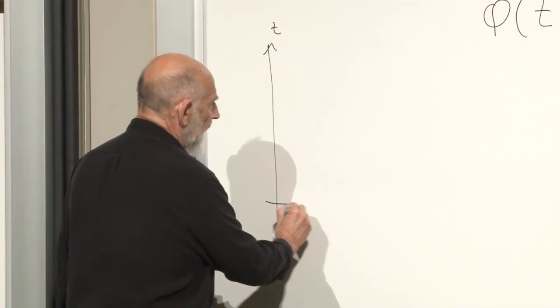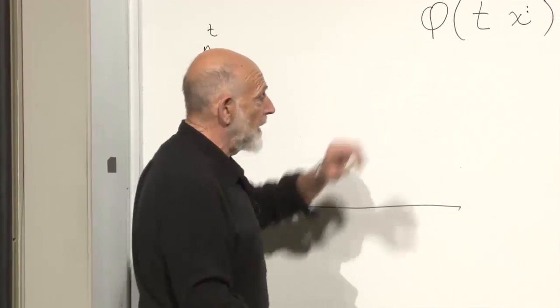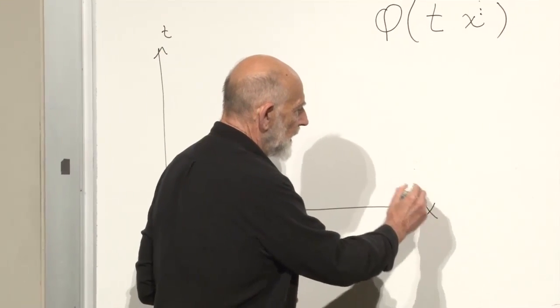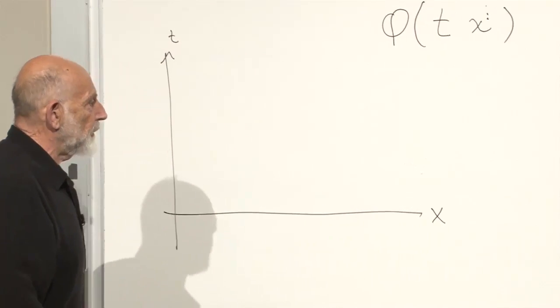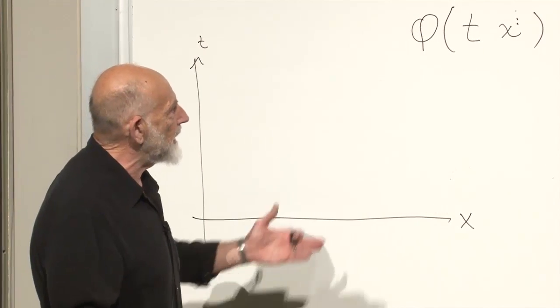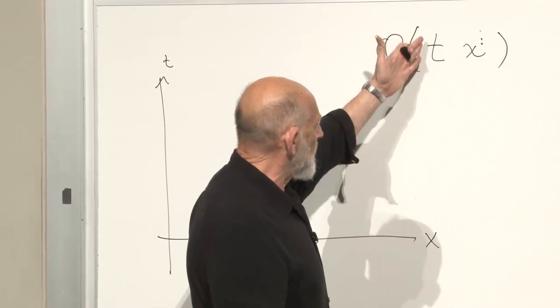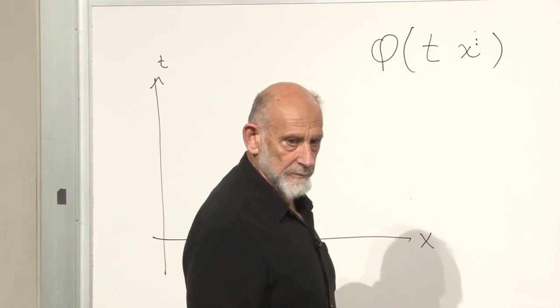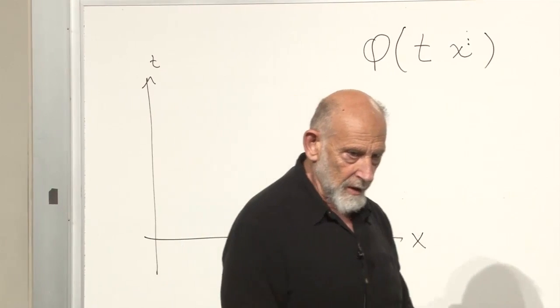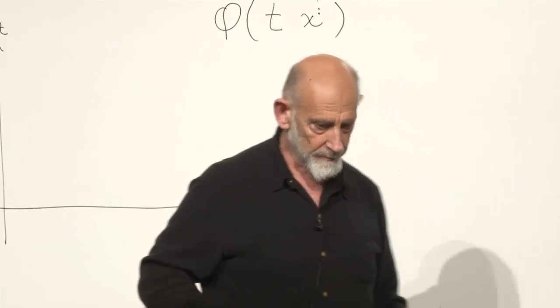But horizontally, I'm not going to plot phi, I'm going to plot x. This x could stand for 3 or 4 or 2 or however many x's there are in the problem. In a simple problem, there might just be one time and one x. That would be the problem of the world on a line.